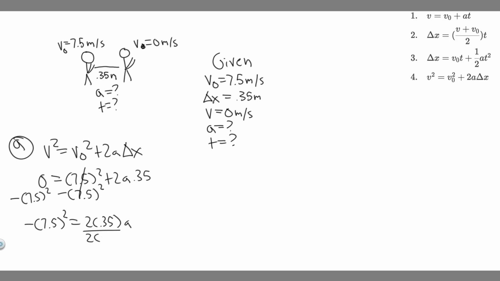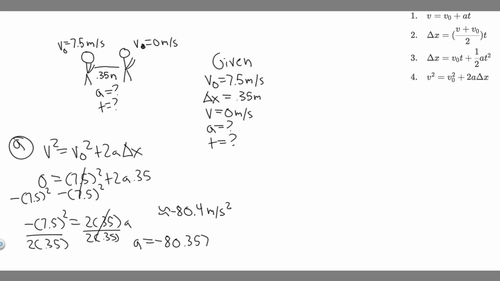To get a by itself, divide by 0.35 times 2. So do negative 7.5 squared divided by 2 times 0.35, and you get a equals minus 80.357. You can round however you want, so minus 80.4, and the units are meters per second squared.